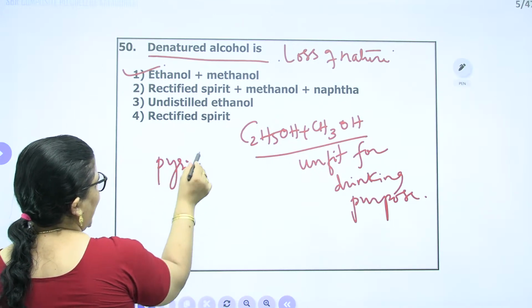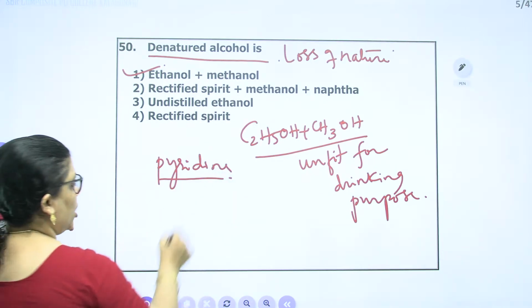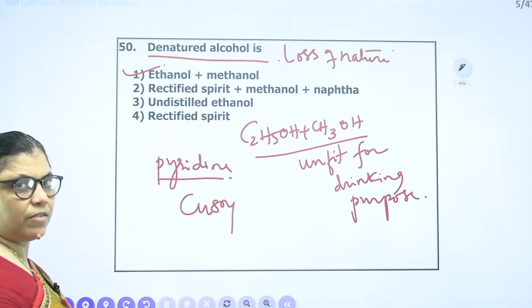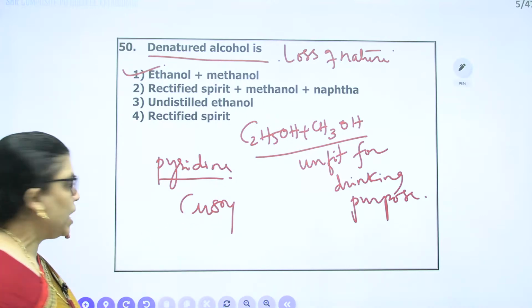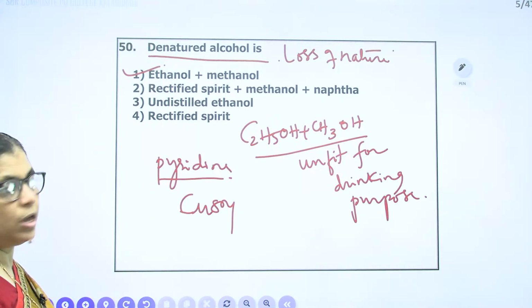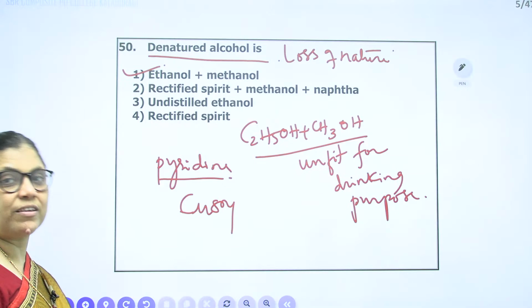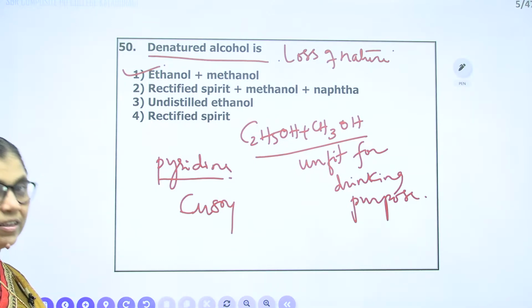Pyridine gives a very bad smell, and sometimes as a coloring agent we can add copper sulfate, or other coloring reagents depending upon the color. Whenever we deal with denatured alcohol, we should consider ethanol and methanol, which is a poisonous alcohol, not fit for drinking purpose.